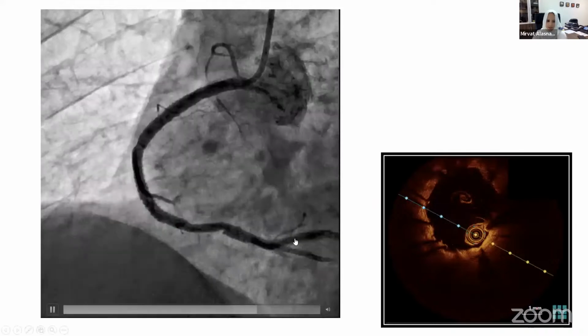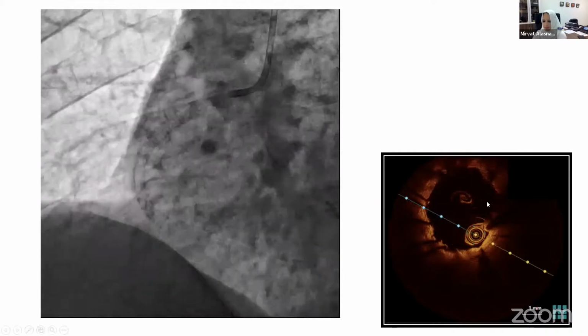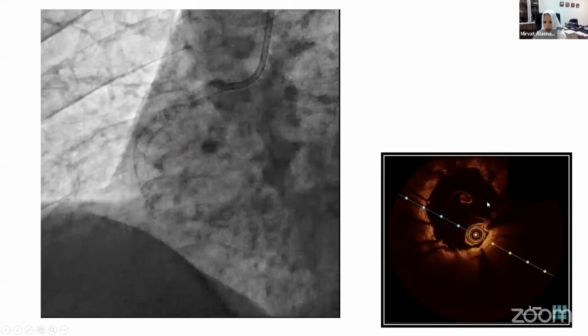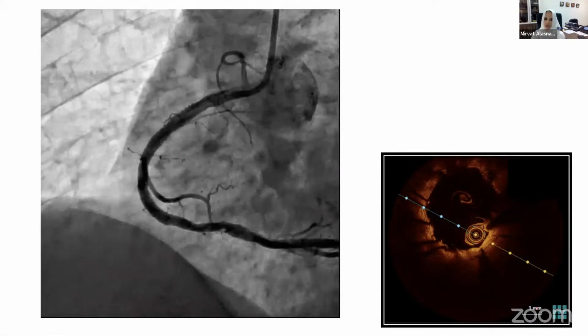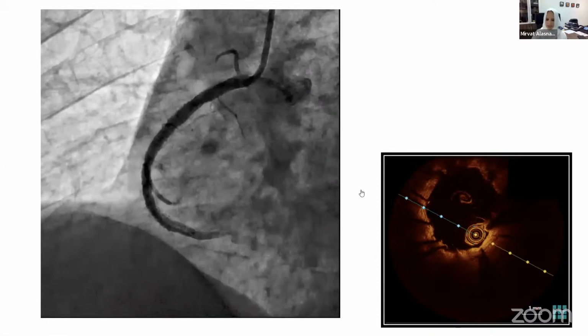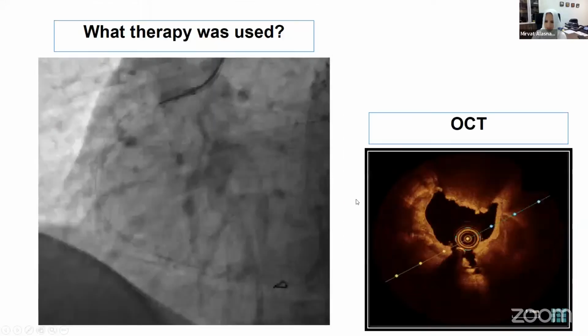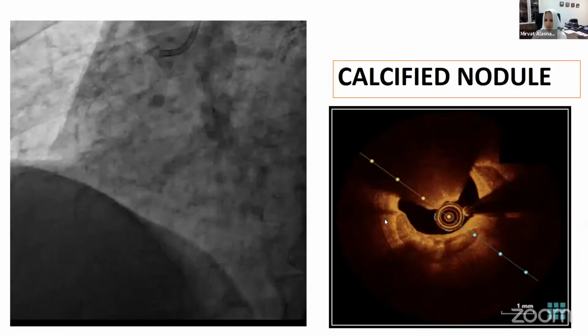And then this is the final angiogram, and you see the stent that is well expanded, well opposed. The concern of not using atherectomy in some of these lesions is, I'm going to go back to just a couple of slides to this slide. If you keep just trying to use a post-dilatation balloon and high-pressure balloons, and now we have a lot of high-pressure balloons, the place that this is most likely going to yield is at the junction between the normal or semi-normal tissue and the nodule itself.